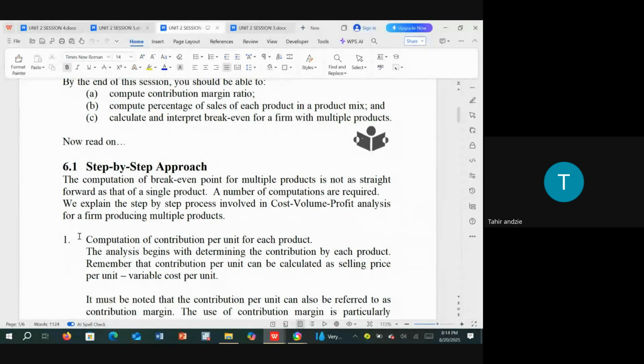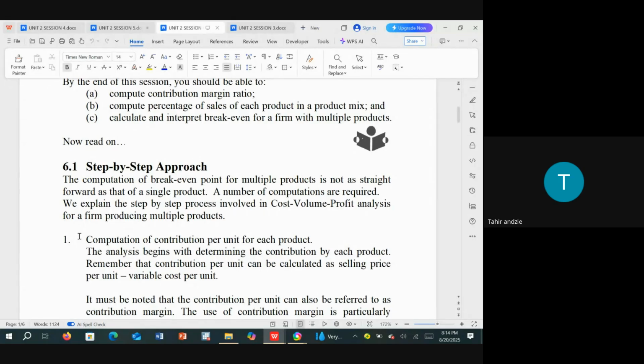A number of computations are then required, and all these computations are just to arrive at the weighted average contribution margin ratio, because we are not going to look at the contribution margin ratio from only one product. We have to look at the contribution margin ratio coming from all the products that have been sold. And so it becomes weighted average contribution. But what are we using to weight? We are just using the sales portions of each of the products to weight their contribution so that we can add them to get the weighted average contribution margin ratio.